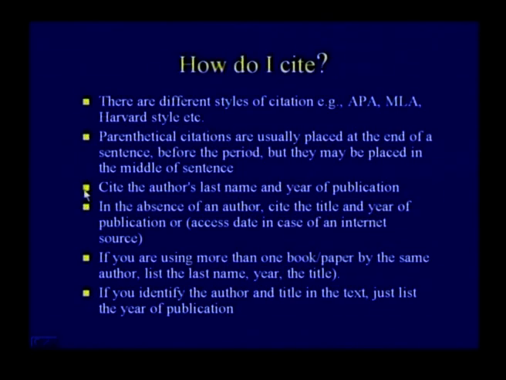Usually, we cite the author's last name and year of publication in in-text documentation. In the absence of an author, cite the title and the year of publication. If you're using more than one book or paper by the same author, list the last name, year, title in a sequence. If you identify the author and the title in the text, just list the year of publication.